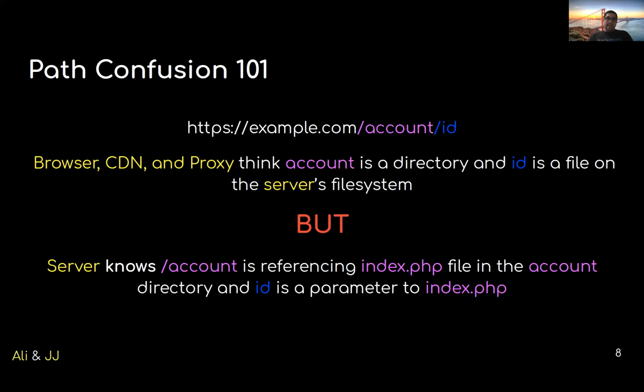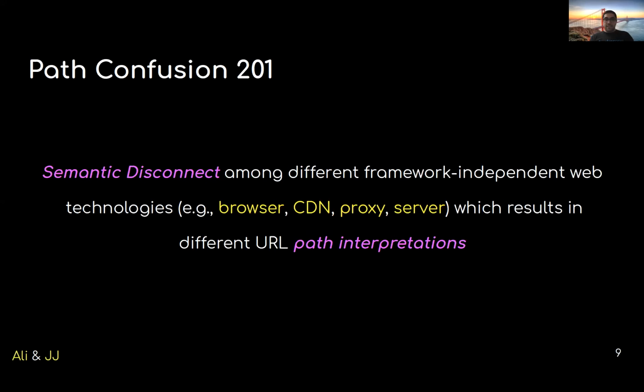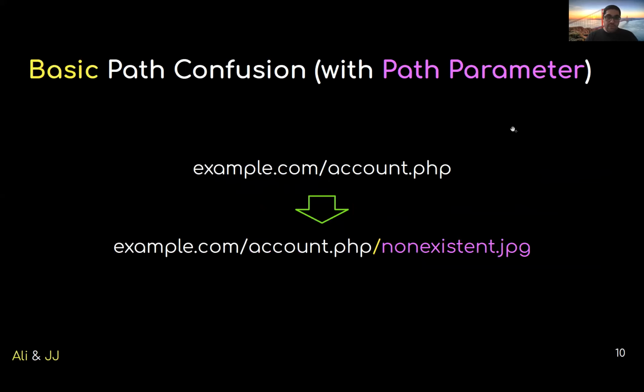Formally, path confusion is a semantic disconnect among different framework-independent web technologies such as the browser, CDN, proxy, and server, which technically results in different URL path interpretations. In other words, web servers parse, process, and interpret URLs in a way that is not clearly reflected in the externally visible URL string, which could be confusing to others, such as the CDN, the browser, and the proxy.